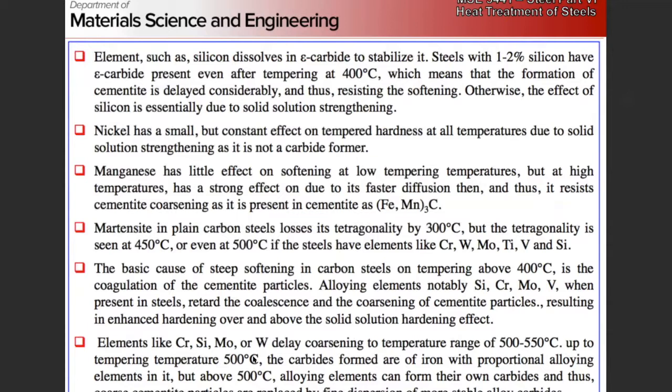So instead of getting coarse cementite particles, you get a fine dispersion of carbides of these elements.